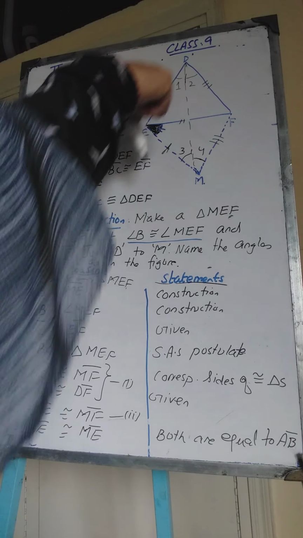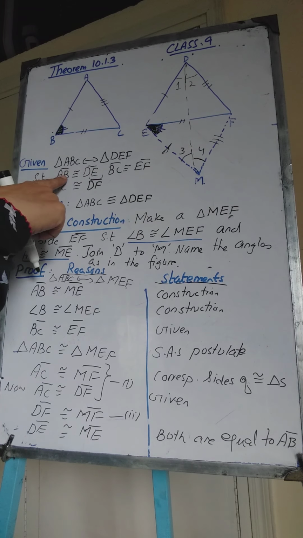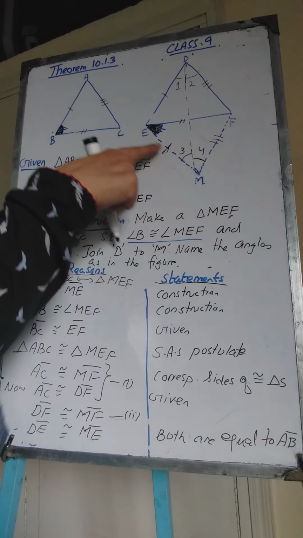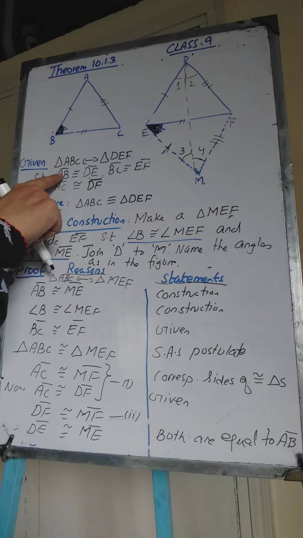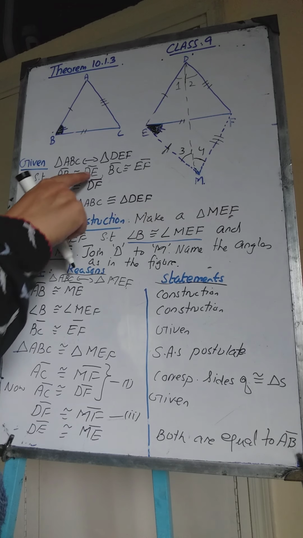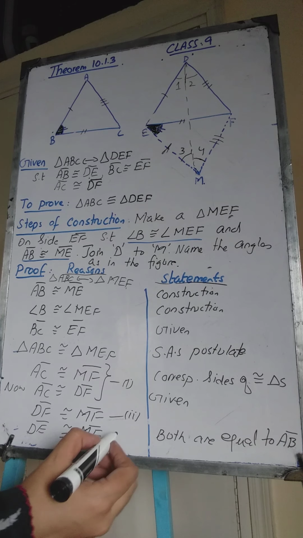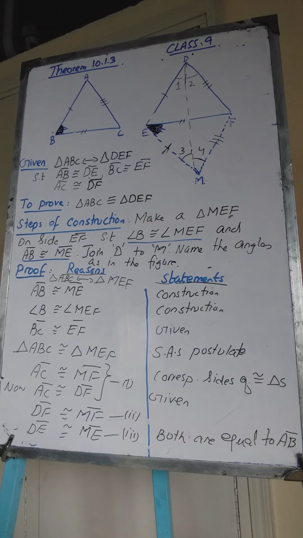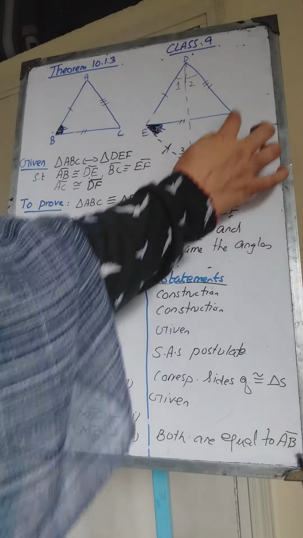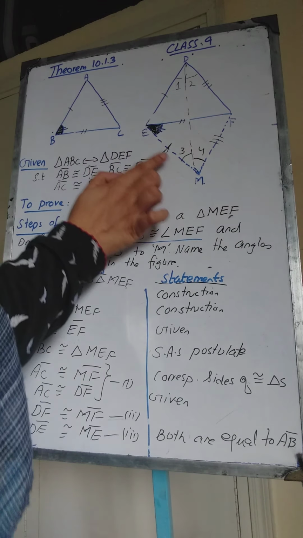DE is equal to AB, this was given to us, and AB is also equal to EM, this is what we did in construction. It means ME and DE must be equal to one another because both are congruent to AB. Mark this as 3. Now next, what we have proved is that side DF is congruent to FM, and till now we have also proved that DE is congruent to EM.